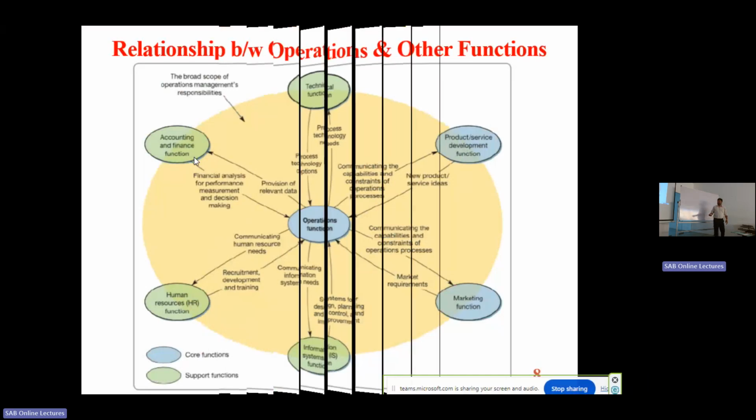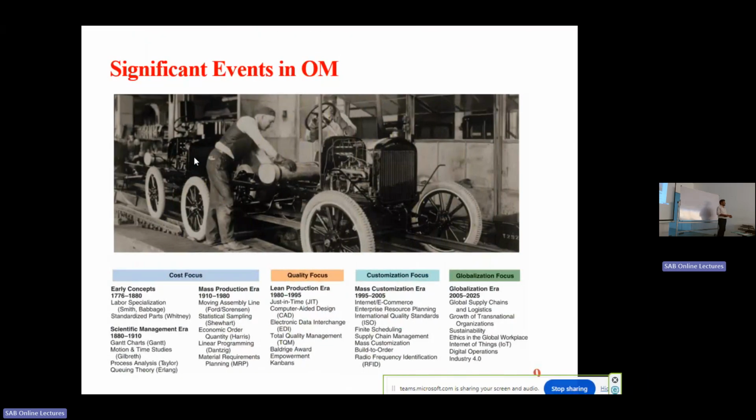Now, coming to the current situation, things have changed drastically. This picture and slide I have taken from a textbook that shows how the operations management focus has changed. According to this, the initial focus has been cost.